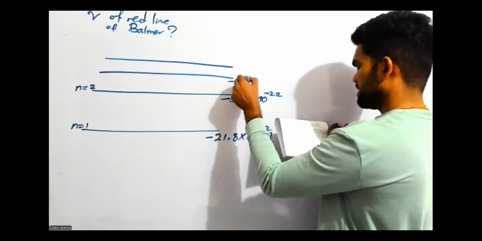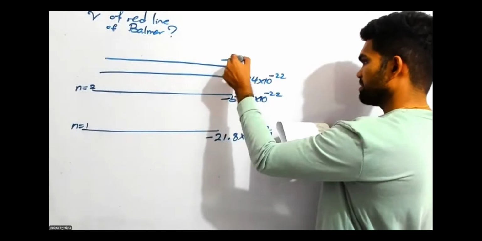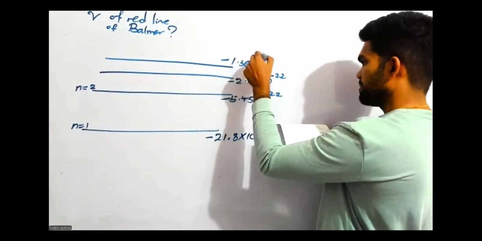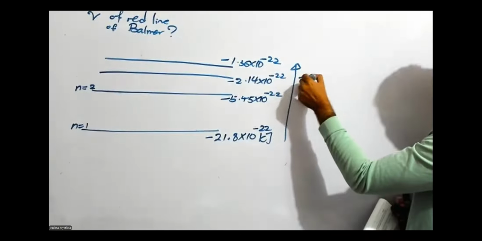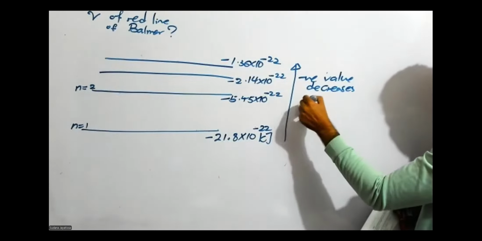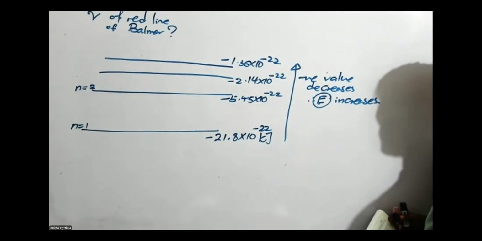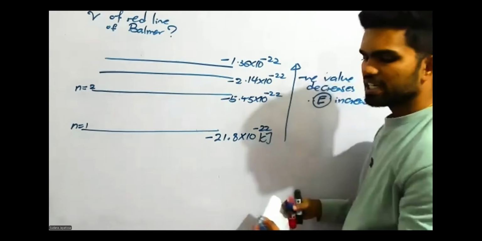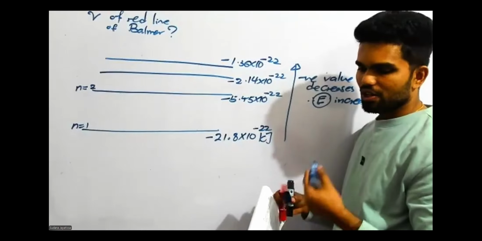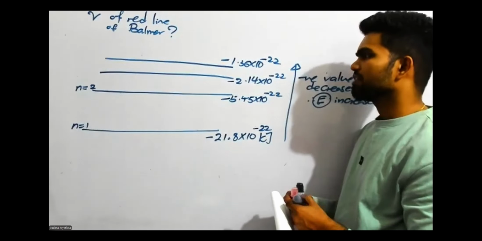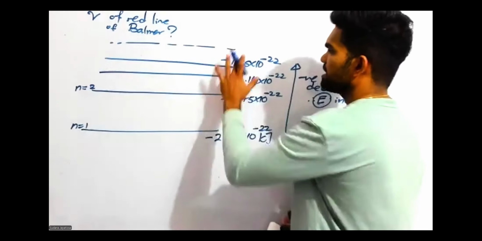Minus 2.14 into 10 to the power minus 22, and this one is minus 1.36 into 10 to the power minus 22. Going upward, the negative value decreases, which means energy increases. That should happen, and it is happening. After decreasing, what will be the lowest negative value? That means what will be there at the end? The infinite energy level.